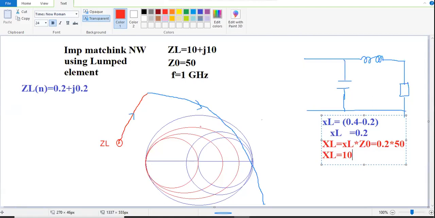To get XL or something else? L. We need to find L. Yes, correct. So we want to find the L. So for the L, what will be the value of L? Can you give me any relation between XL and L? Anyone?